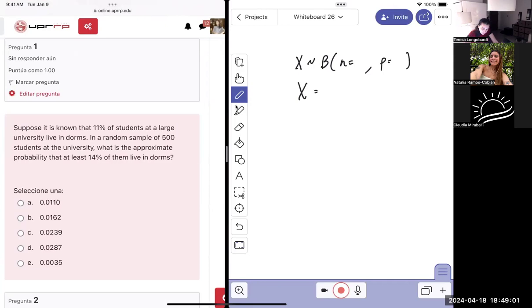How would you say it? What is the variable of interest? The variable is counting the number of students that live in dorms.